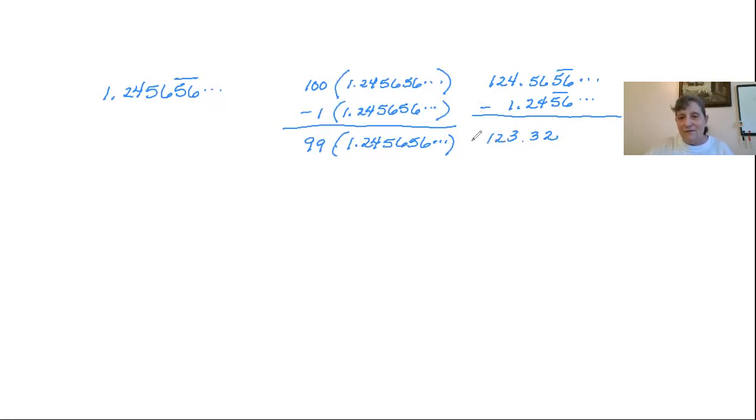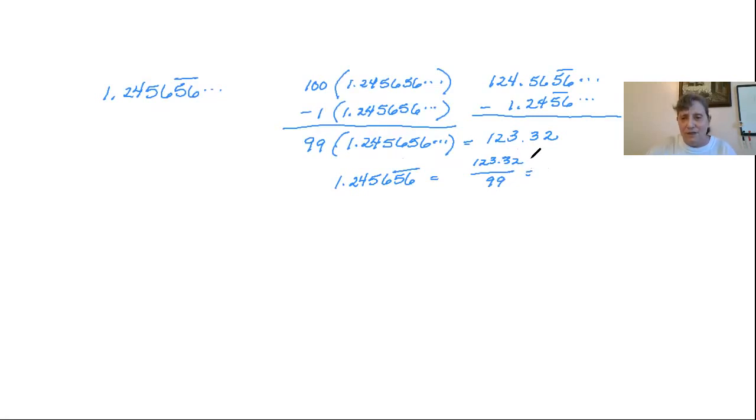So 99 of these is equal to 123.32. So 1.2456 forever is equal to 123.32 over 99. However, you cannot ever leave a decimal point in a fraction.